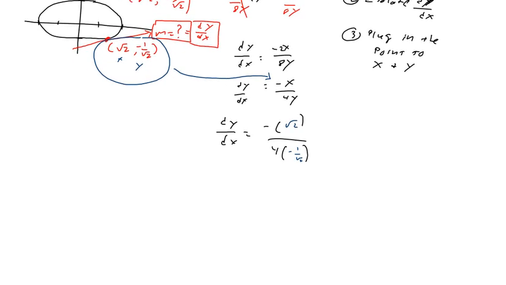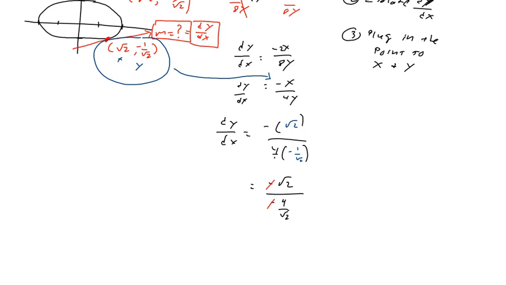Right, so I just plugged in my x and y, and now I've got to deal with these fractions. Simplifying negative radical 2 over 4 times this piece here. This is like a 4 over 1, so I can really make this negative 4 over radical 2. My negatives can cancel.